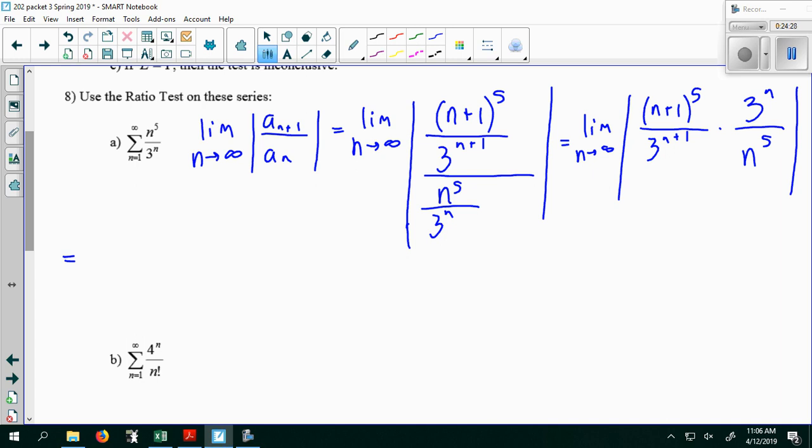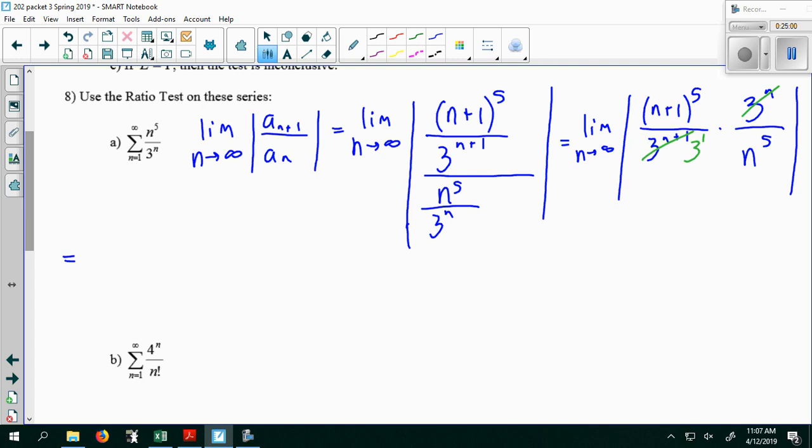So 3 to the n over 3 to the n plus 1. Those are like bases, so I can subtract the exponents. N plus 1 minus n is 1. Where should I put my 3 to the first, numerator or denominator? Denominator, because there are more 3's in the denominator than the numerator. So I'm going to have some canceling here. 3 to the n is going to cancel with this, and I'm going to have 3 to the first left over. And then n plus 1 to the fifth.